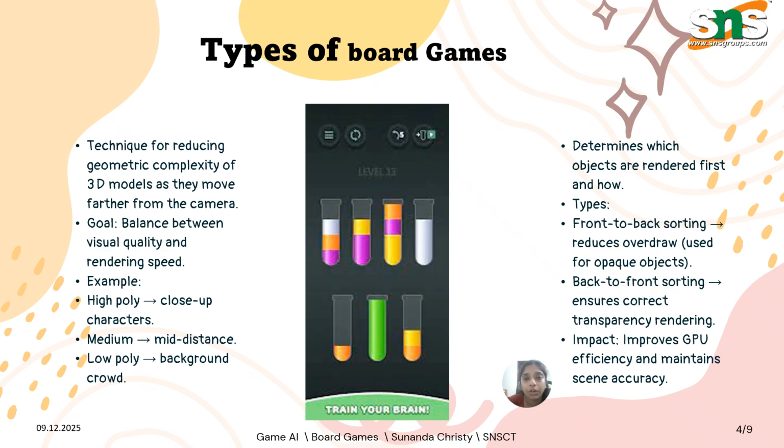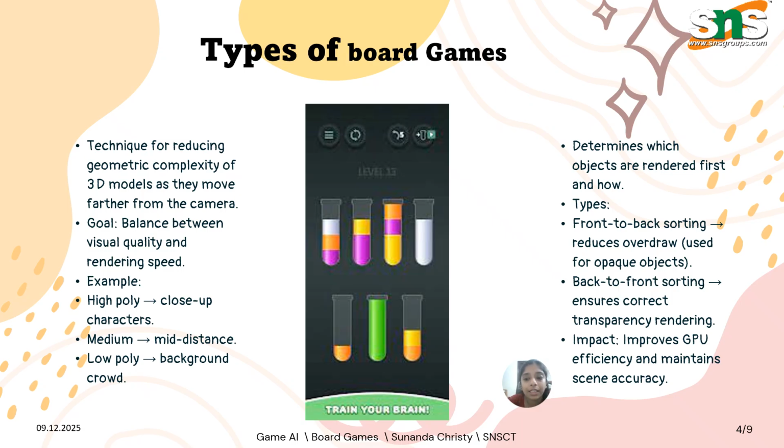If we consider chess as the board game, what are all the characters used in chess and what each character has, everything will be used in the form of a complex form, and will be generated and start playing. So the goal is we should use both the visual quality and also the rendering speed.